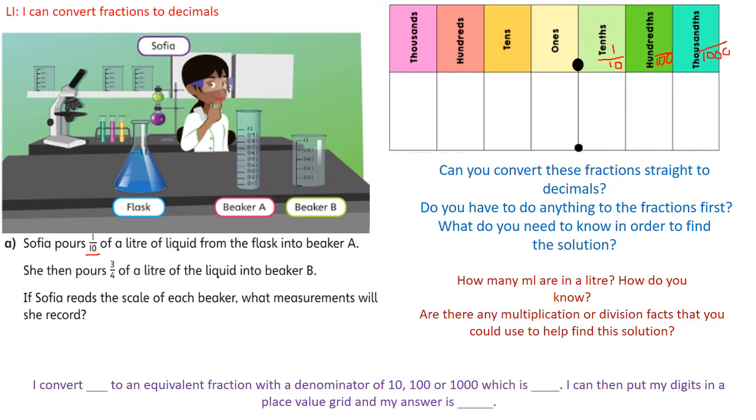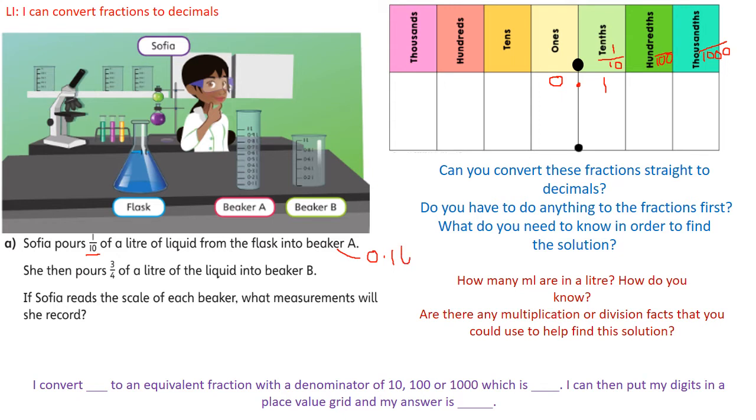How many tenths did Sophia pour? She poured 1/10. So therefore we can put a 1 in our tenths column. Put our decimal point in and we put a placeholder in. So she poured in to A 0.1 of a litre.